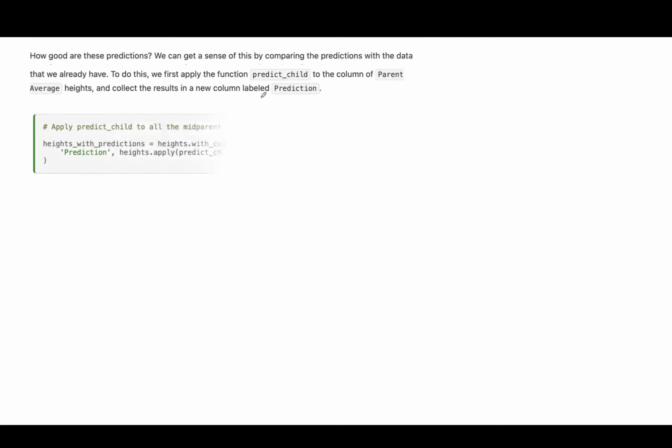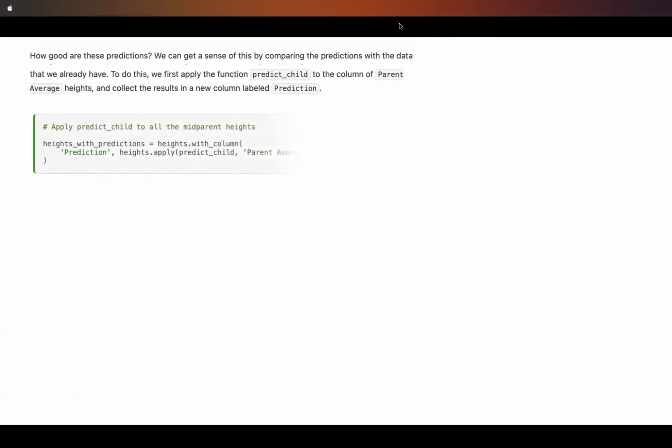To do this, we first apply the function predict_child to the column of parent average heights and collect the results in a new column and we label it prediction. Okay, let me type this in the chat for you. So you run the code.